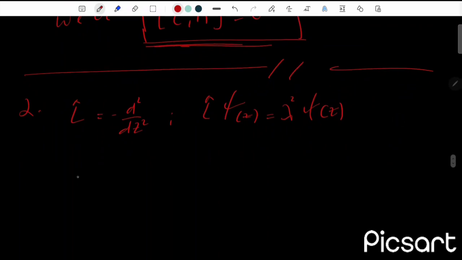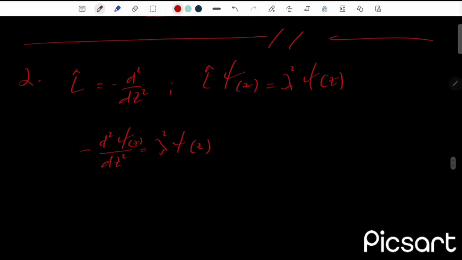This means that minus the second derivative of psi as a function of z must be equal to lambda squared times psi of z.